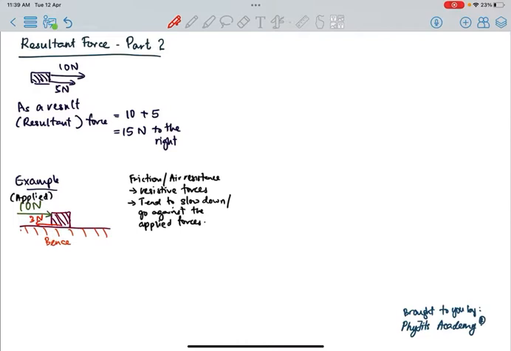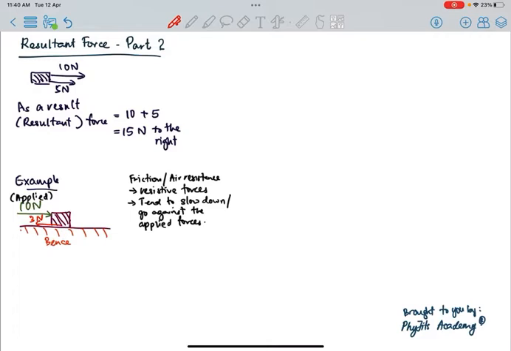There is a 10 Newton force applied by someone pushing the box, and a force applied onto the box by the surface roughness of the bench, against the applied force, of 3 Newton. So there is a 10 Newton forward and a 3 Newton backwards, or 10 Newton to the right and 3 Newton to the left.